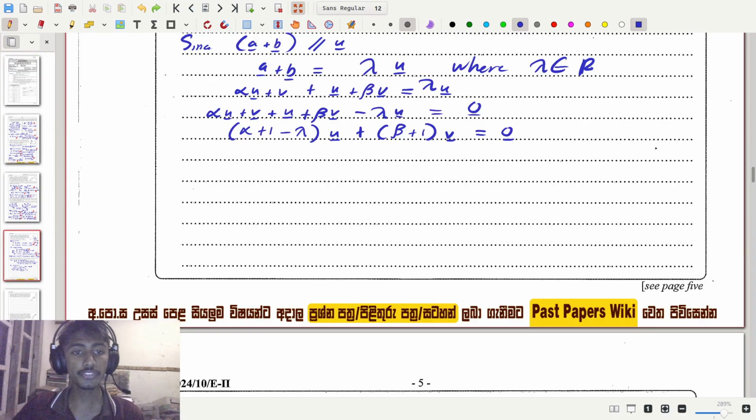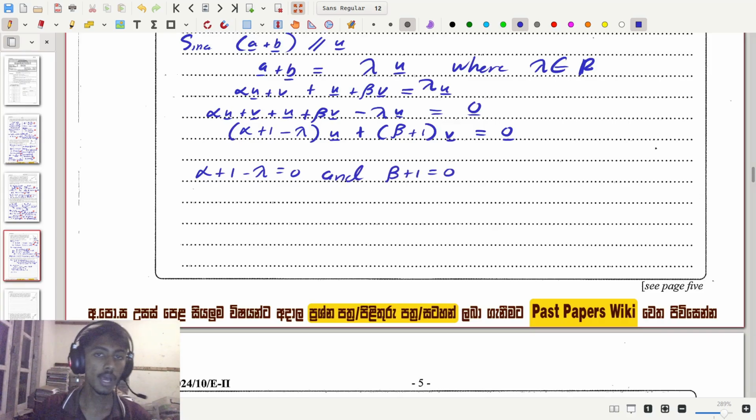So therefore, we can say alpha plus 1 minus lambda is equal to 0 and beta plus 1 is equal to 0. But for this, we need the justification that u vector and v vector are not parallel to each other. So for this, we're going to write out everything that we just discussed.